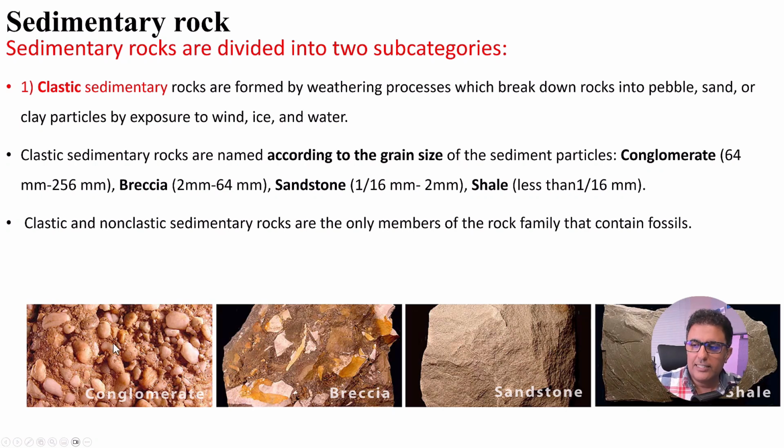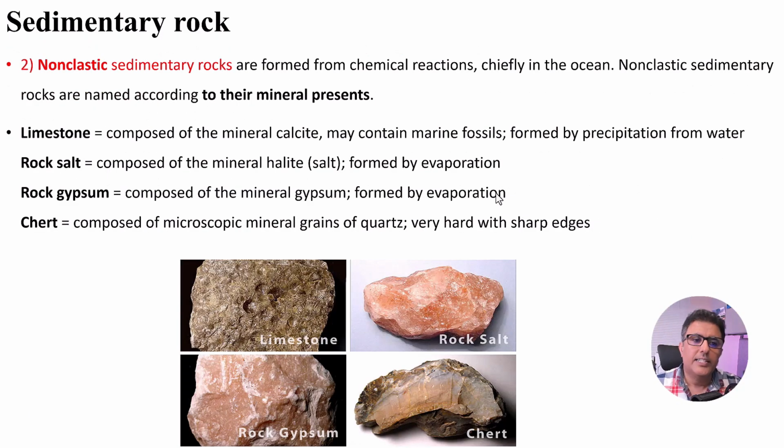If you look here, you see that, for example, conglomerate is mostly composed of larger grains compared to shale, which is composed of clay minerals. Then we have non-clastic sedimentary rocks that are formed as a result of, for example, chemical reactions or evaporation. Examples: limestone, rock salt, gypsum, and chert.